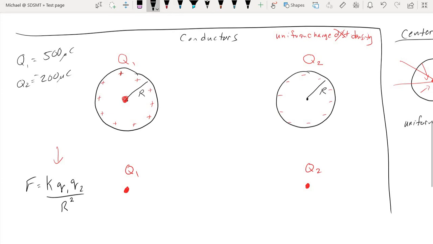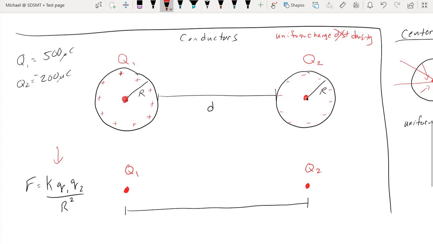The only thing that we really have to be mindful of is that with Coulomb's law, right now there would be a certain separation distance between those two charges, but we have effectively shrunk those charges down to individual points that exist at the centers.